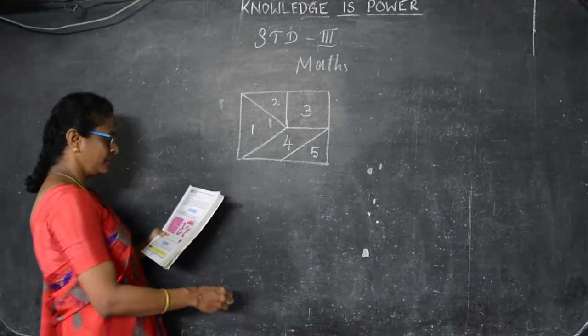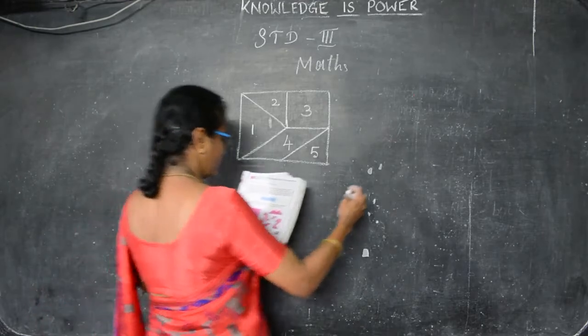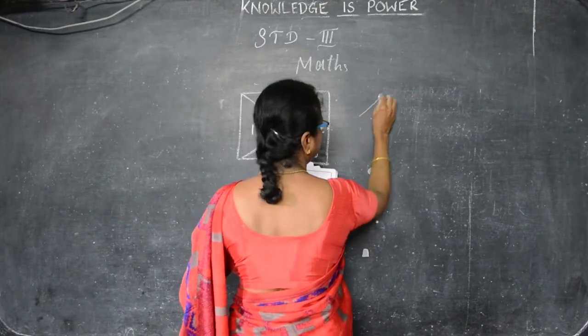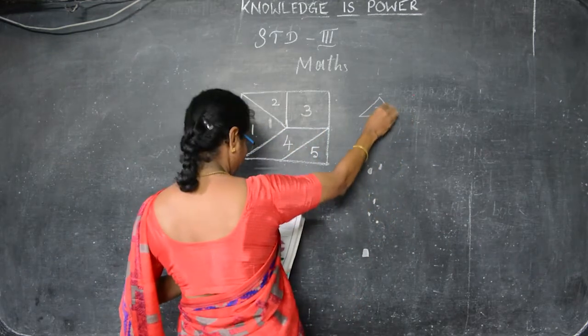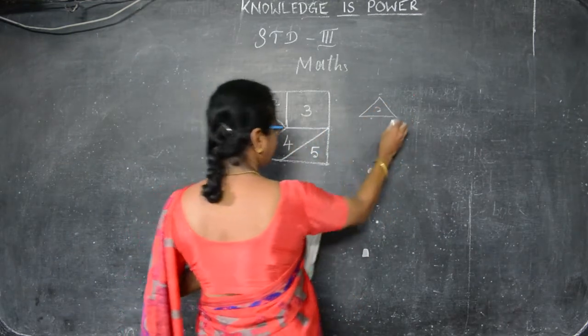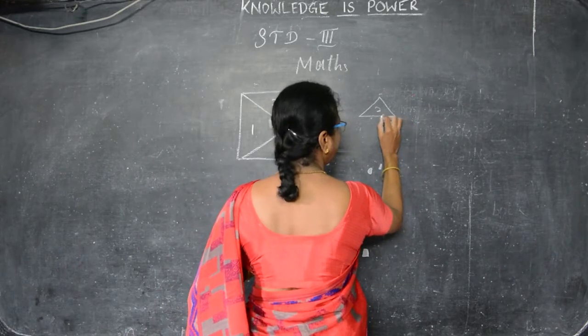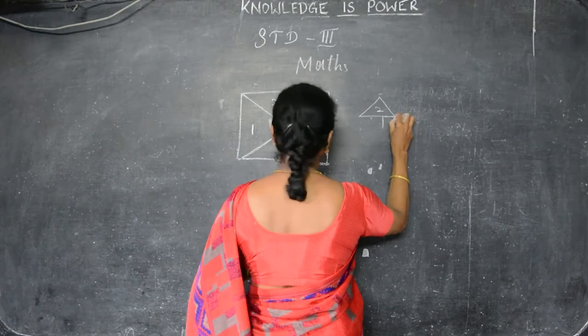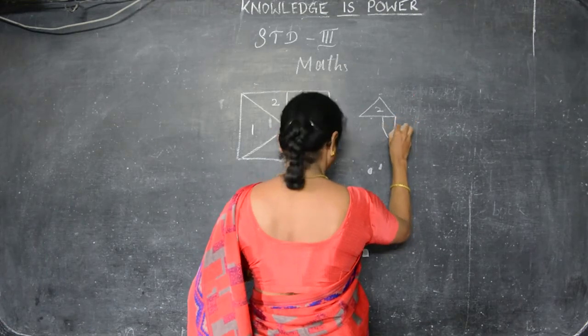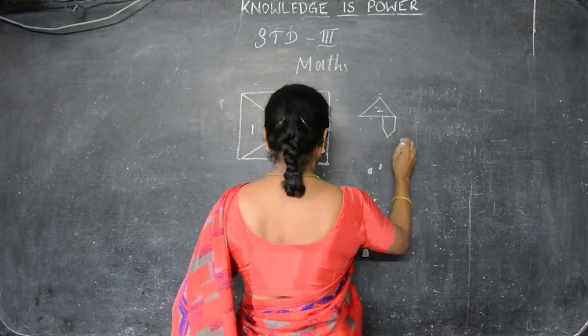So just I'll draw one duck. You put this space. This is the triangle piece. Number 2 will be here. Then this diamond shape is here. So you put the diamond shape here. And then here one triangle.